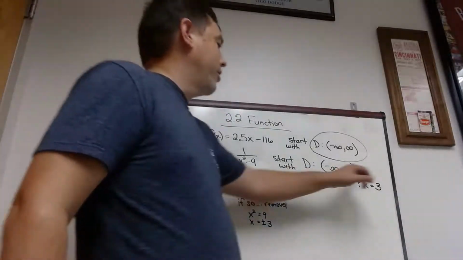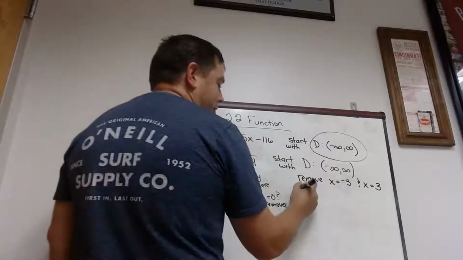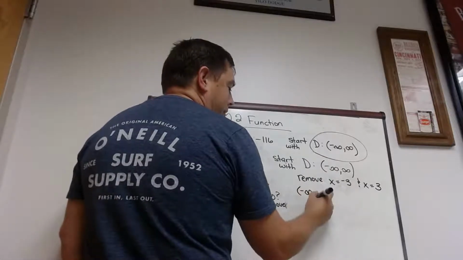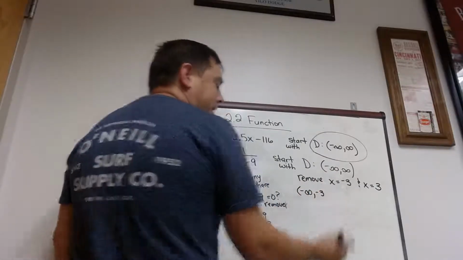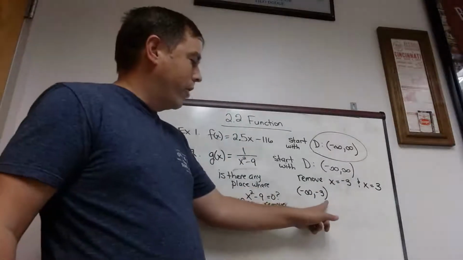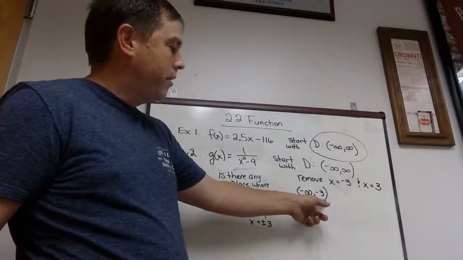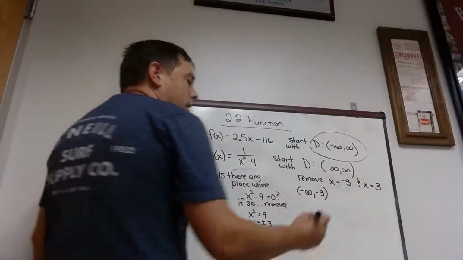How does that affect our interval notation? Well, we still include everything that is less than negative 3. So we go from negative infinity to right up against negative 3, but not including negative 3. This means we're including negative 3.000001, but not negative 3.